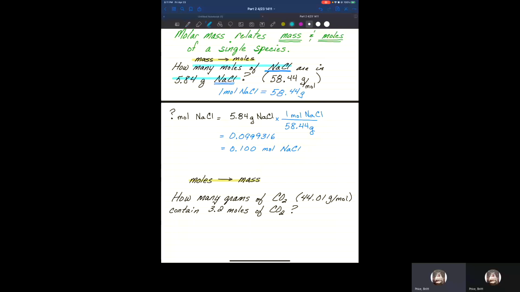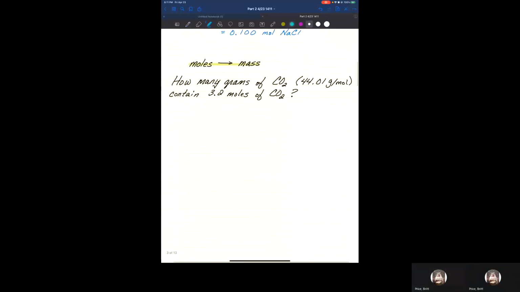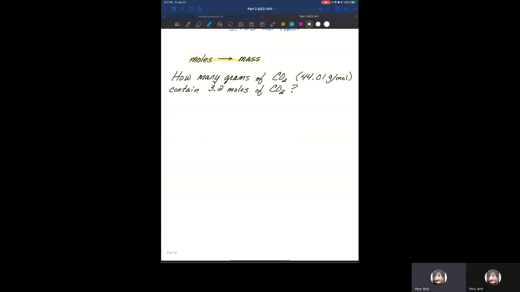This second example, how many grams of CO2 contain 3.2 moles of CO2? Once again, CO2 and CO2.